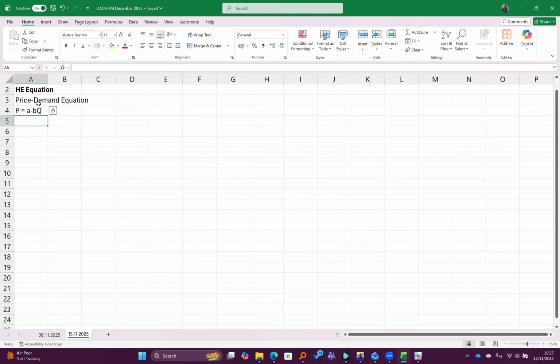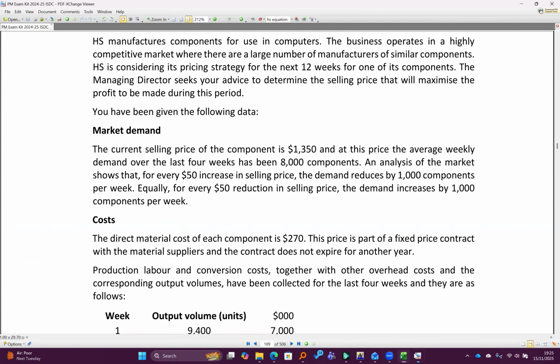Now, so what we have, so the current price is 1,350, and they're saying that over the last 4 weeks, this is what we have been saying, the demand. So we are going to use this information to calculate one of the parameters, but what they have told us here that when the price increases by 50, demand falls by 100.